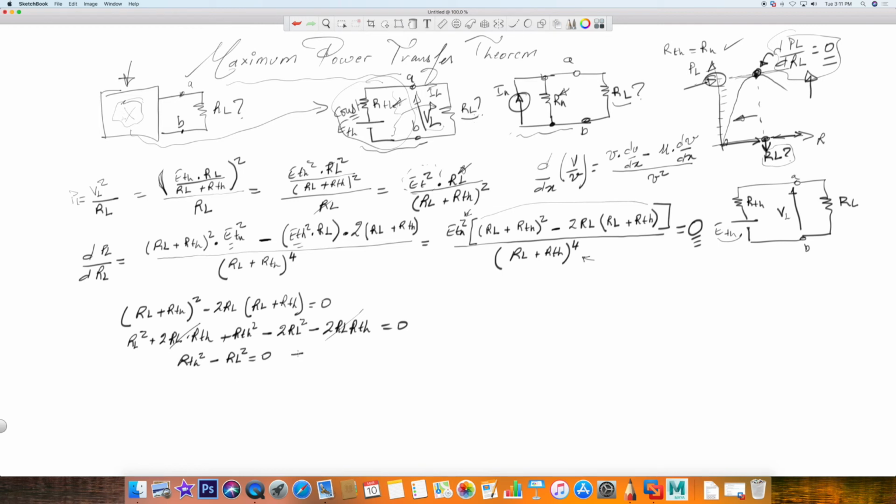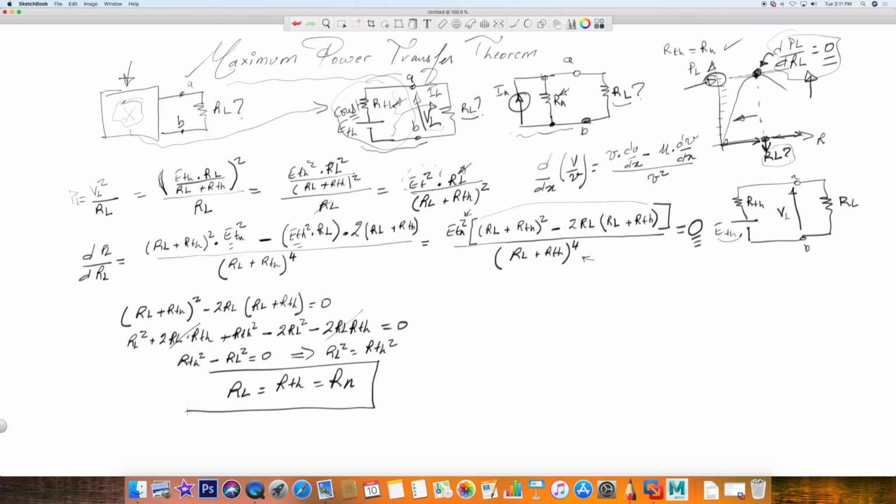That means now, if you move RL squared the other way, RL squared equals RTH squared. Aha! So what are we observing? That for maximum power transfer, RL has to be equal to RTH, which is equal to RN.